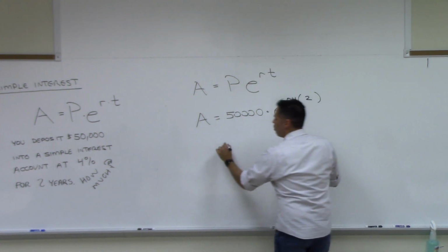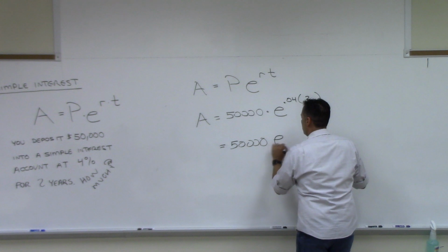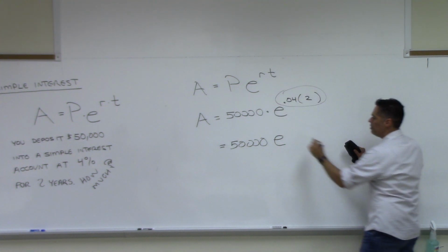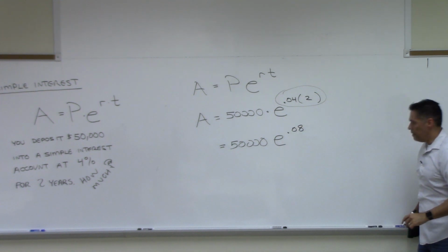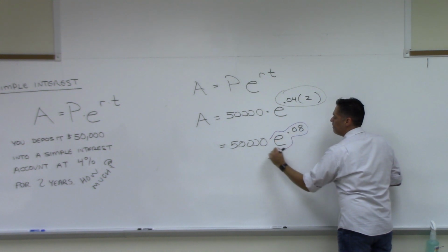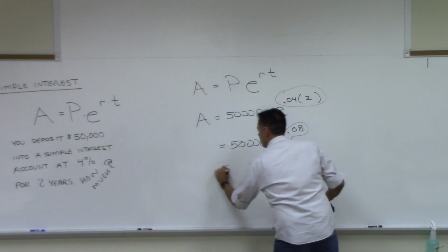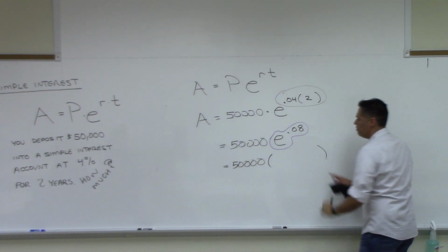So we have to do order of operations here, everyone. Do this first. 0.04 times 2 gives you 0.08. Then use your calculator to do that. We have 50,000. And then what is e to the 0.08 when you do that on your calculator?